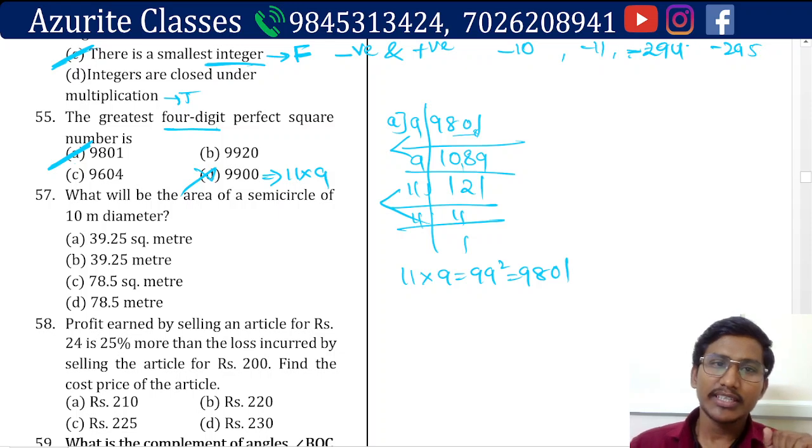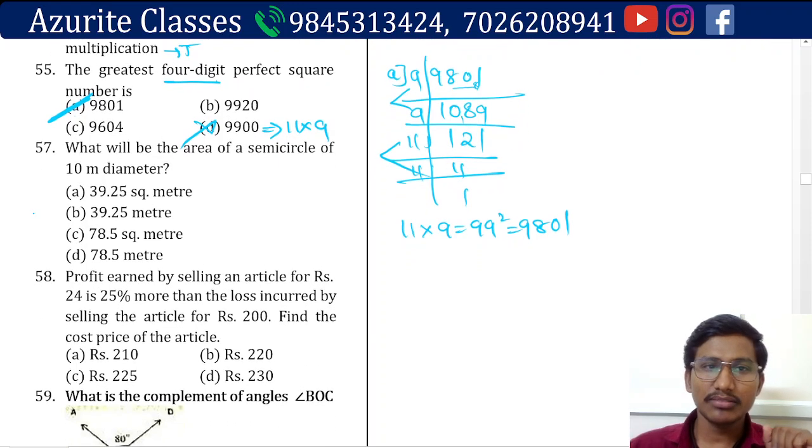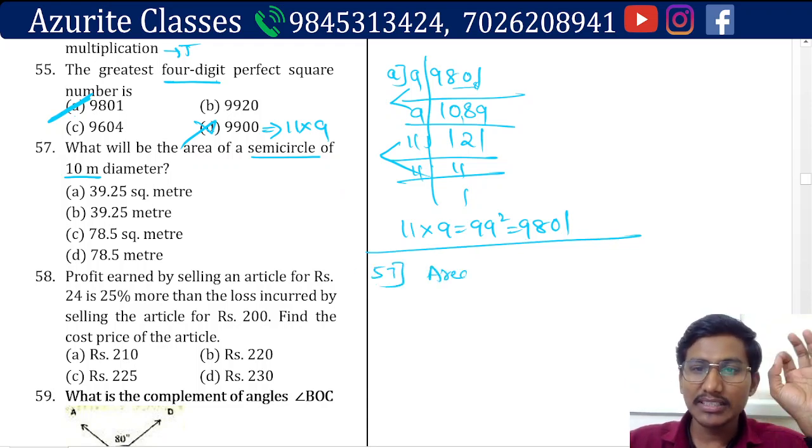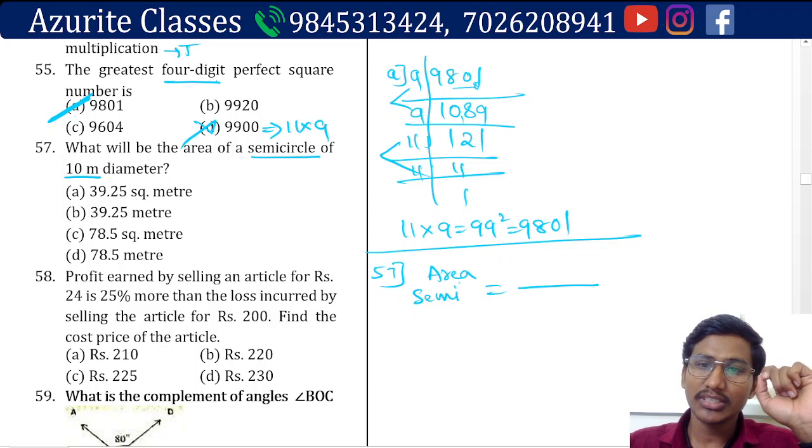Okay, next 57 question. What will be the area of a semicircle of 10-meter diameter? So we have to find the area of semicircle. Semi means half. Area of semicircle will be half.